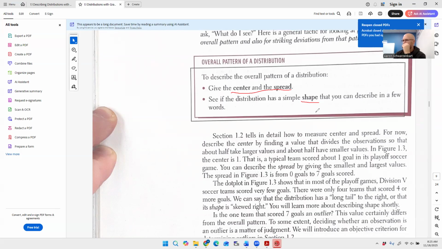Anybody know the measures of spread? Standard deviation, interquartile range. Okay? We'll calculate all of those on Thursday. Or mostly we'll let our calculator calculate them for us, because standard deviation is a pain in the butt.